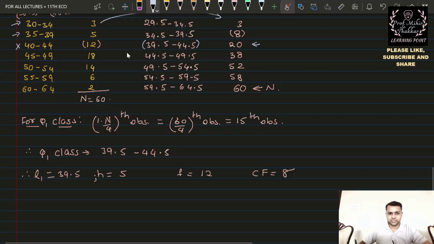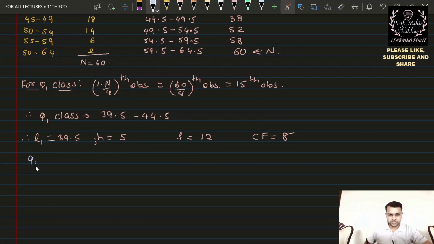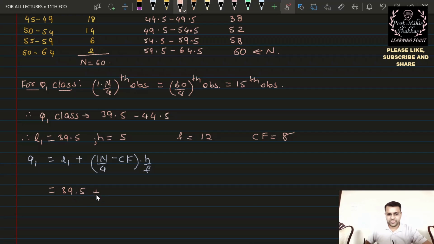Substitute the information in the formula. Q1 over here is equal to L1 plus (1n upon 4 minus CF) into H by F. Therefore, that is equal to 39.5 plus 1n by 4 is 15, so 15 is already the value of n by 4. So just 15 minus the CF, which is 8, multiplied by 5 upon 12.